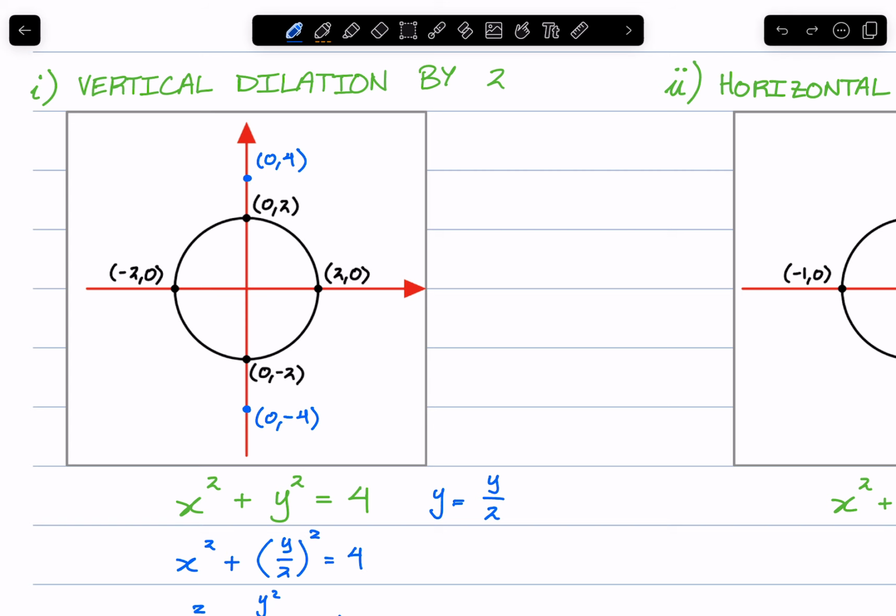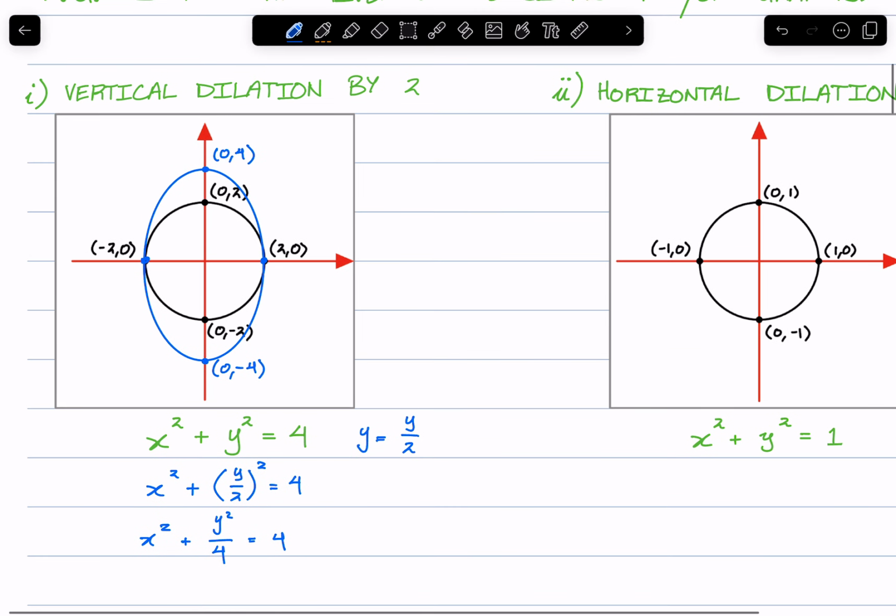Now, just looking at this, what this actually is, is an ellipse or an oval. So it looks something like so, but it needs to be a lot smoother. So let's just use my iPad's feature to do this. Now the iPad has a hard time trying to line it up perfectly vertically, but it should look something like so, in blue. And the center remains the same. And so that there is a vertical dilation of a non-function.